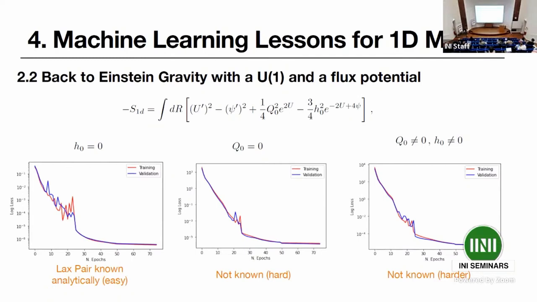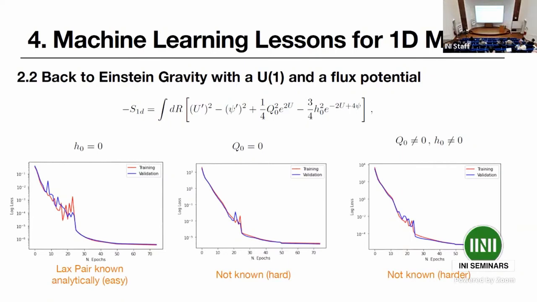So basically, if you initialize your neural network at random values, the loss that you start with here in the known case is roughly 10 to the minus 1. You saw it there also in the one-dimensional or one-particle systems. But here you start at 10 to the 3.